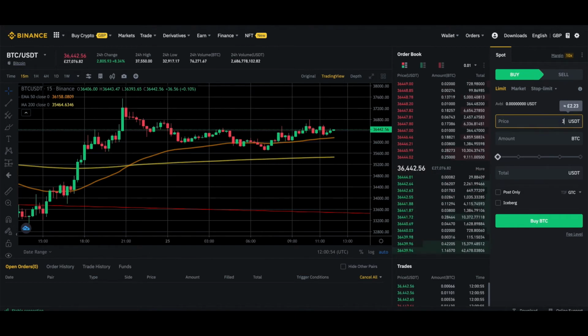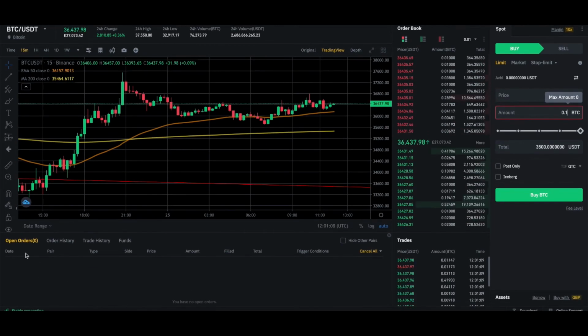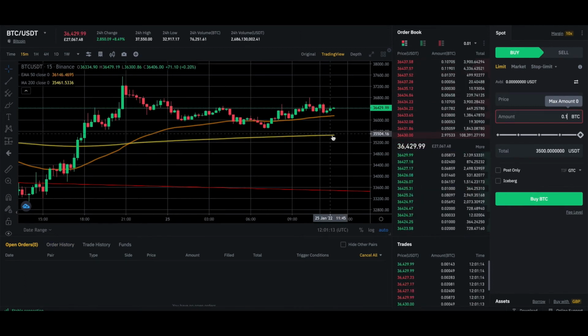So I want to put it in at 35,000. Put in how much you want to buy, and then it will tell you how much it is in USDT here. And then when you post this, it would appear in your open orders here, and it will wait for the price to come down to 35,000 before it buys in.